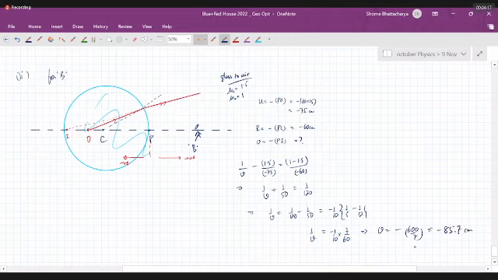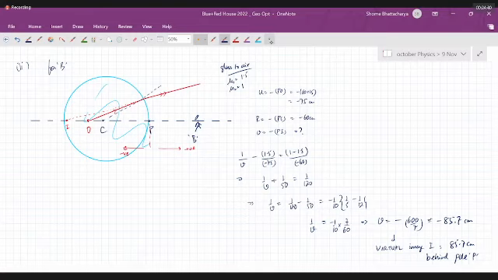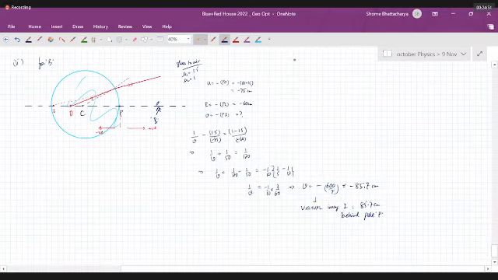So again, the interpretation is that this is a virtual image I, which is 85.7 centimeters behind the pole, as seen by the observer. So this is something that you have to become competent at and understand carefully how to do these types of calculations.